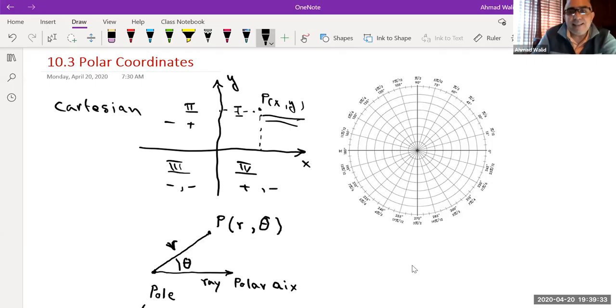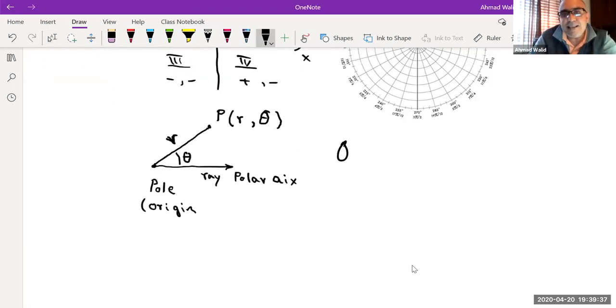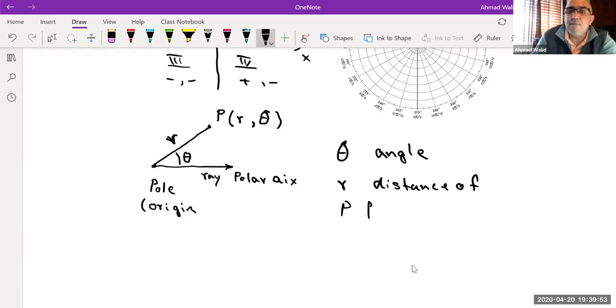Now, theta, let me put all those notes for you. Theta is your angle. R is the distance of P from the pole or origin.